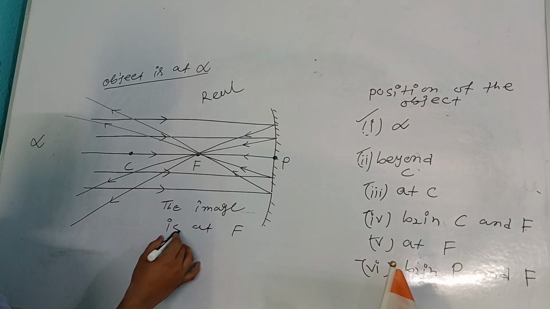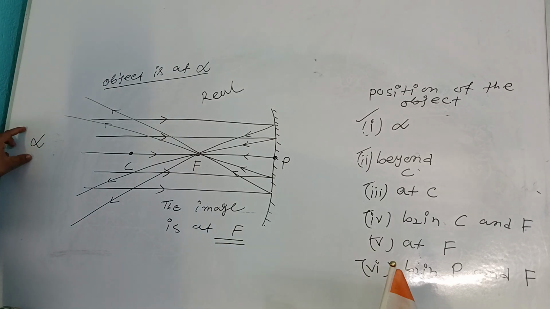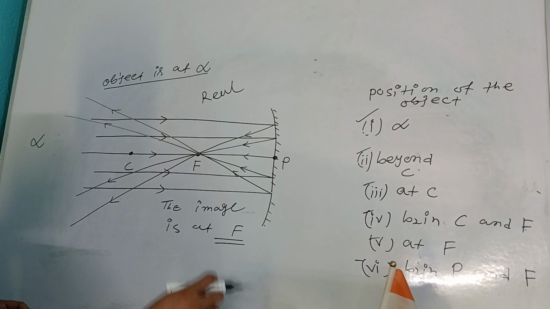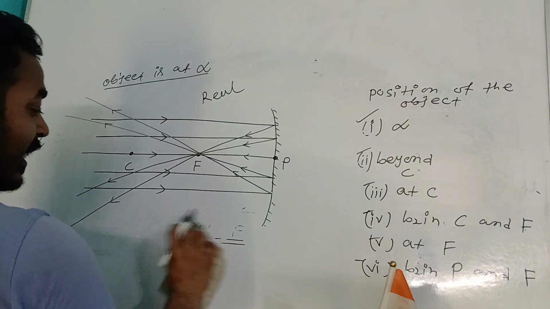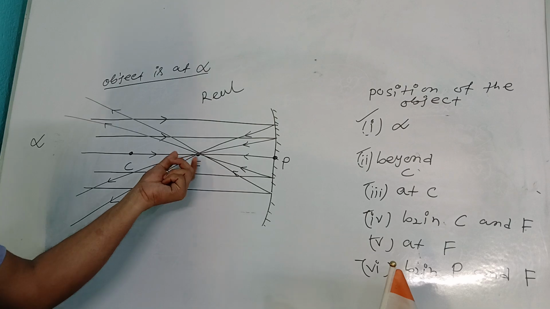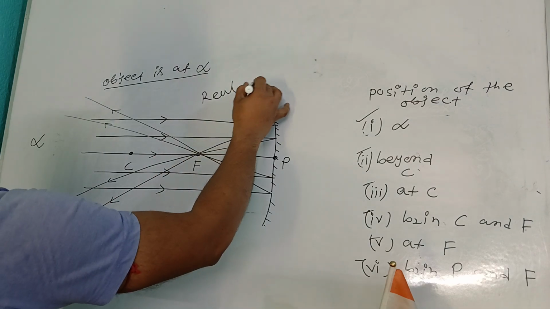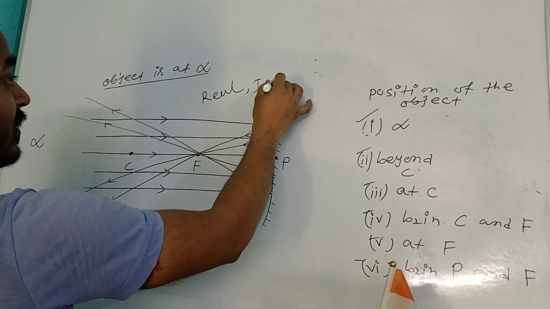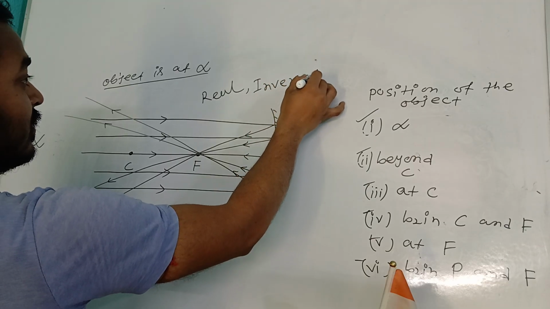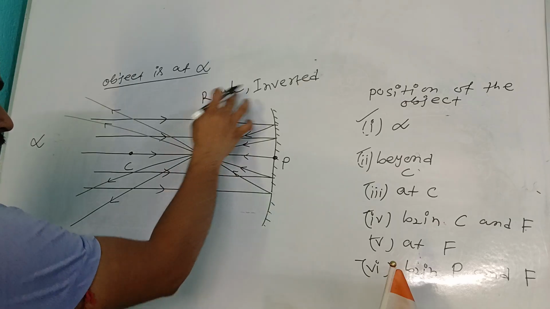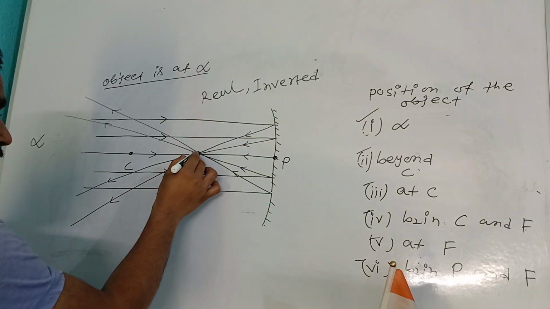So the image is at f. When the object is at infinity, image will form at f. So what is the position of the image? At f. Achha, real. Then real images are always inverted.